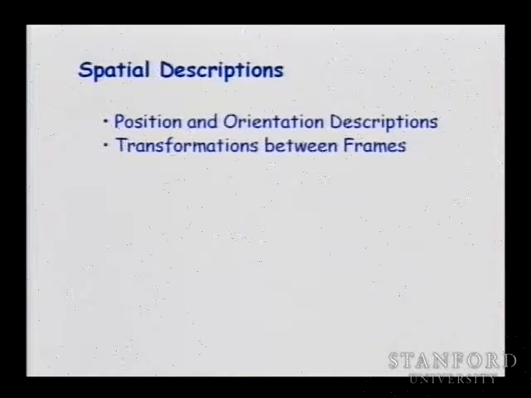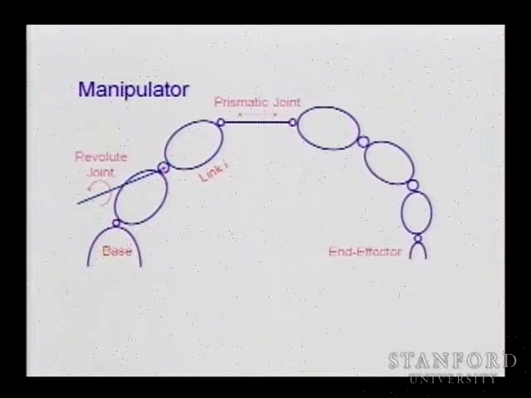So you need transformations between different frames attached to those objects. The mechanism, which is the arm in this case, is defined by a rigid object that is fixed, which is the base, and another rigid object that is moving, which we call the end effector.